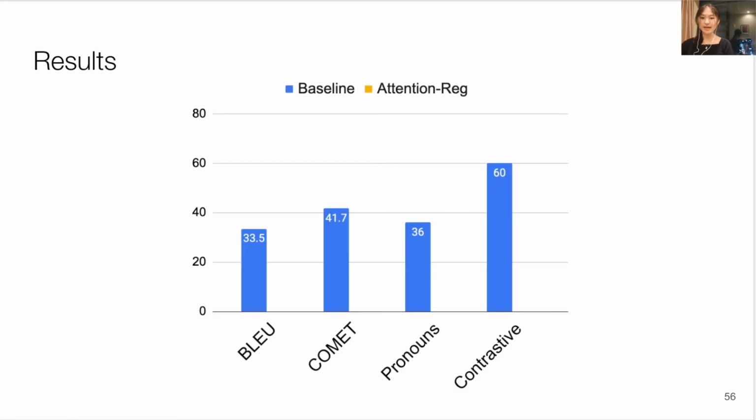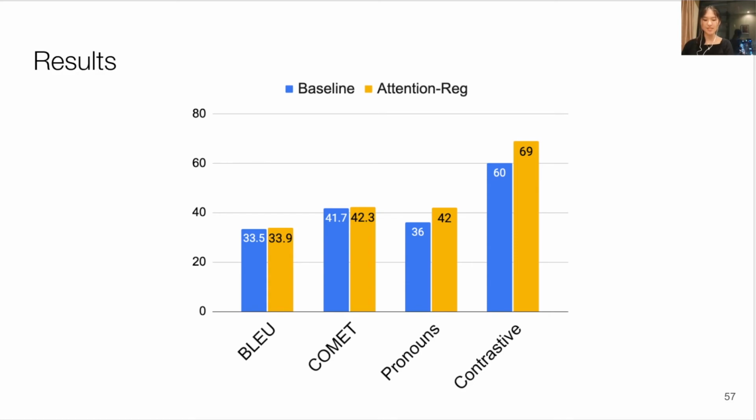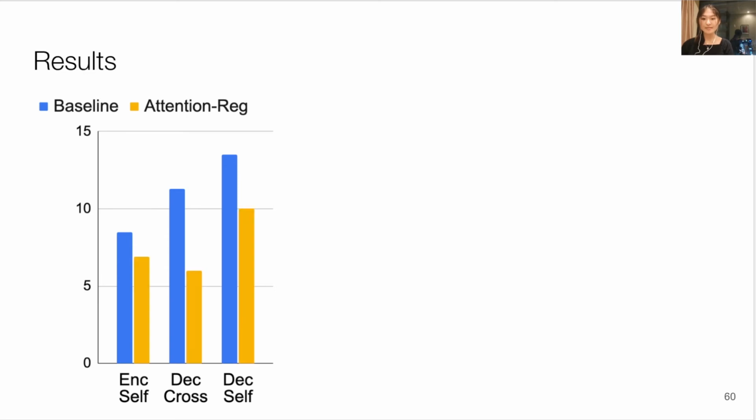And we find that attention regularization improves translation across all metrics, and especially on metrics that are targeted to pronouns. So we can conclude that regularizing attention with SCAT can effectively improve ambiguous pronoun translation. And we also find that models with attention regularization obtain better attention alignment with SCAT.